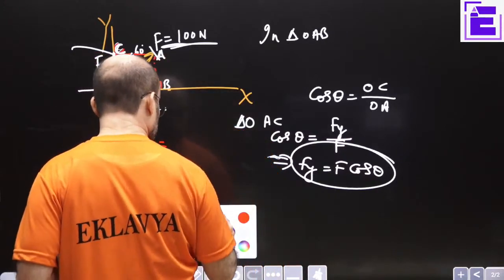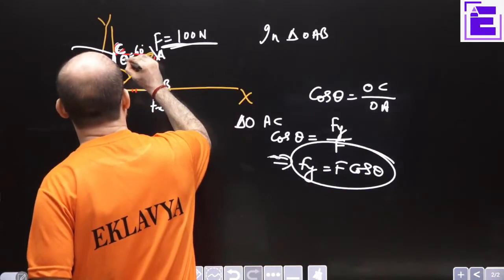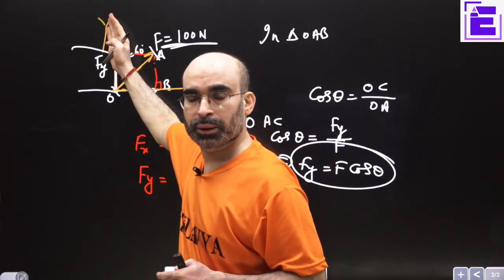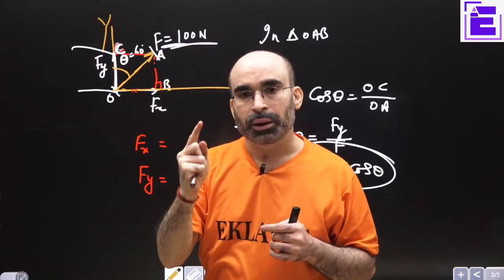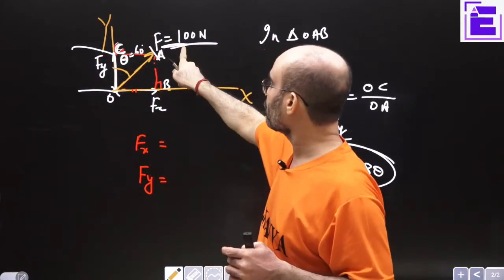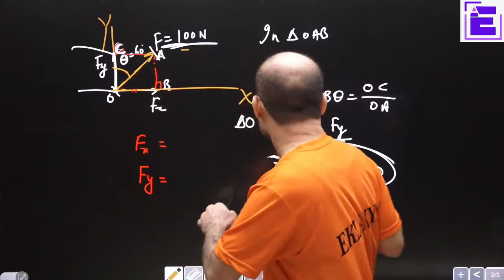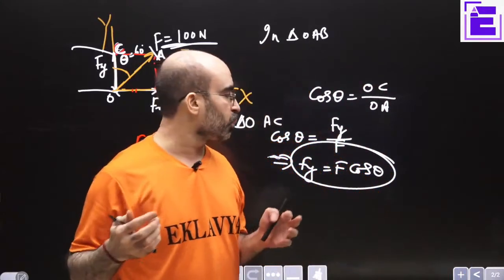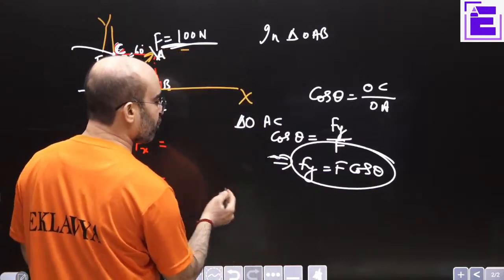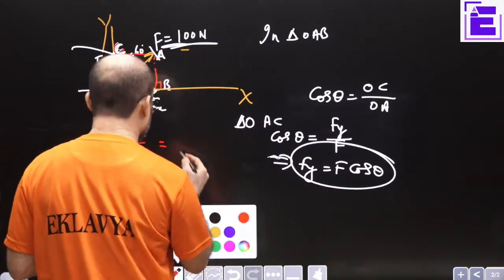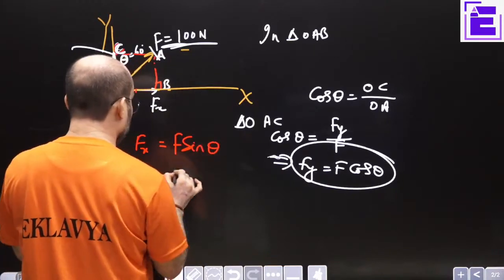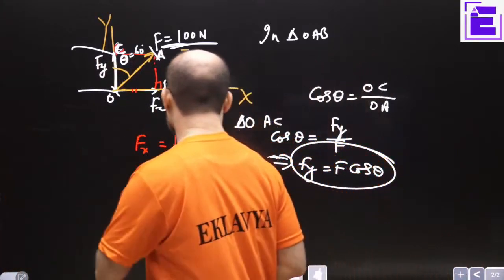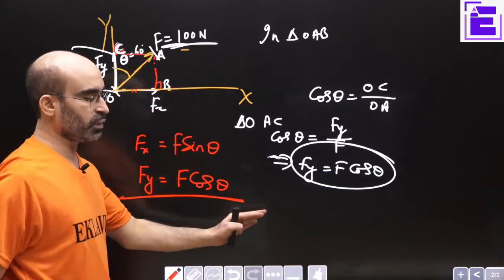You were given this angle, theta made with the y-axis by this force. So this we need to understand, and breaking this is very simple. Similarly, Fx would be F sine theta, and Fy would be F cos theta. Okay, this is very simple.